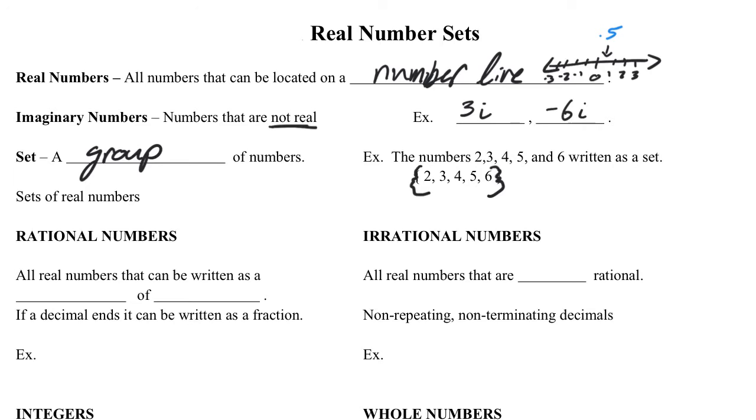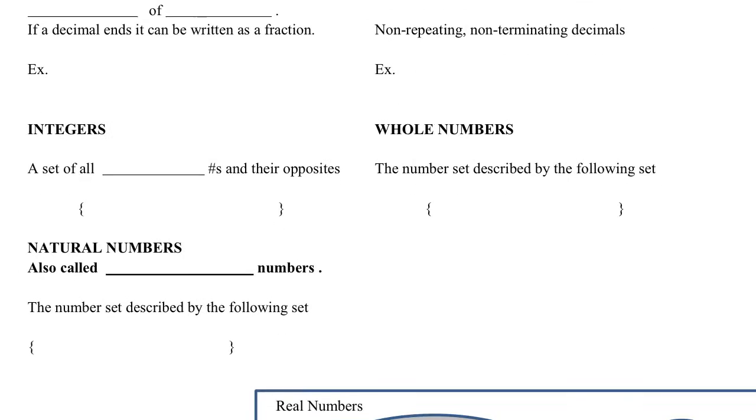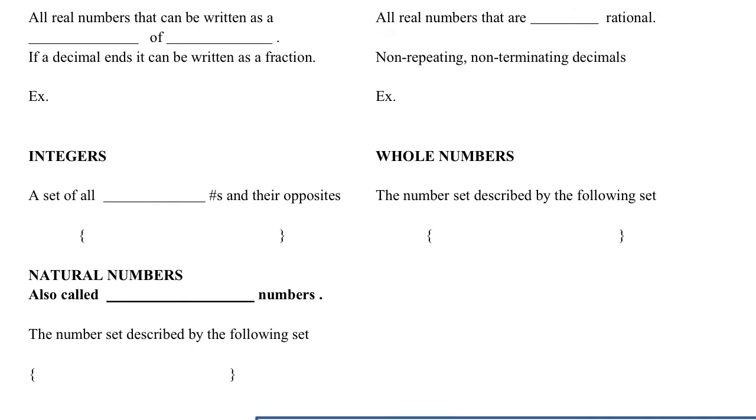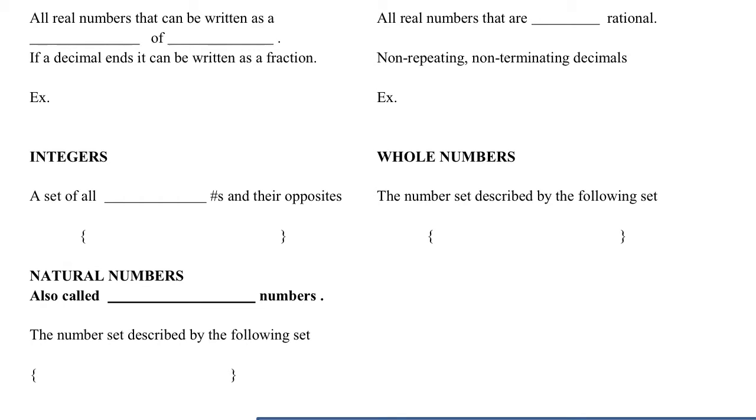Okay, so numbers can be broken down into specific categories that will give you an idea of what characteristics the number has. And I actually like to work with this list backwards. So we're going to start from the bottom and work our way up. We're going to start with the natural numbers.